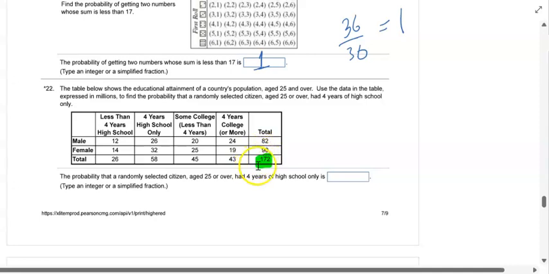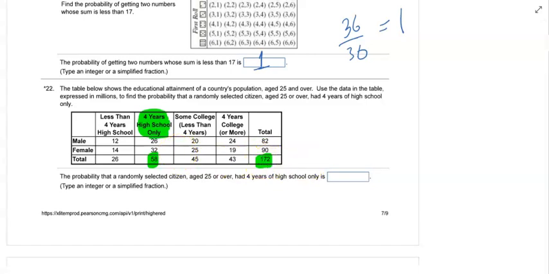In the question, you're going to find the probability that a randomly selected citizen age 25 or over had 4-year high school only. Here is the 4-year high school only column. 58 million have 4-year high school only out of 172.